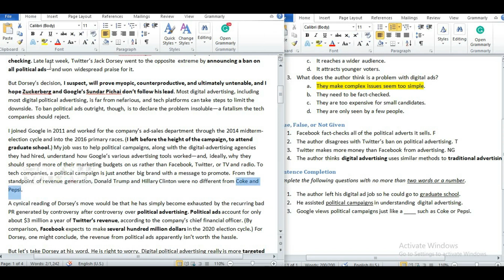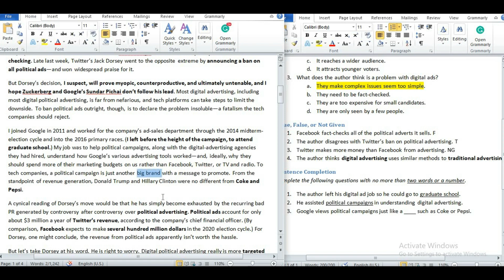So this directs our attention. So what is an example, or what are Coke and Pepsi an example of? So if we look around here, then we can see other ideas. Are Donald Trump and Hillary Clinton like Coke and Pepsi? Well, they're compared, but Coke and Pepsi are not an example of them.